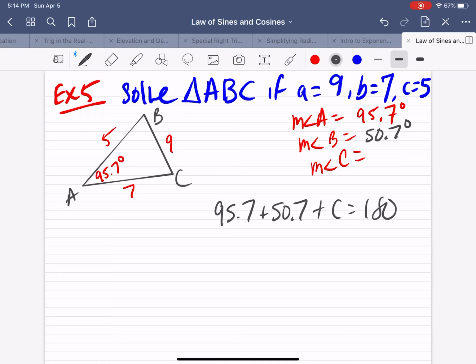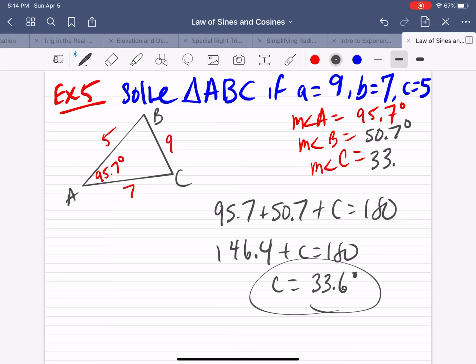So if I add those two, 95.7 plus 50.7, I get 146.4. Subtract that from 180. You get 33.6. So we solved the following triangle.